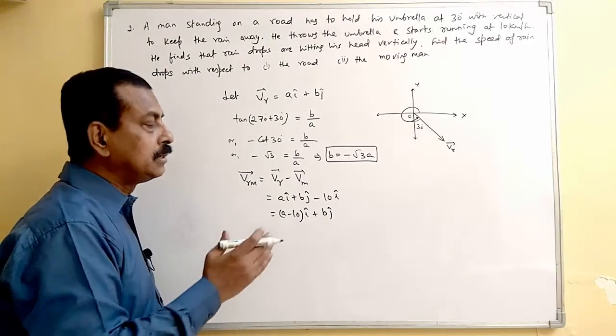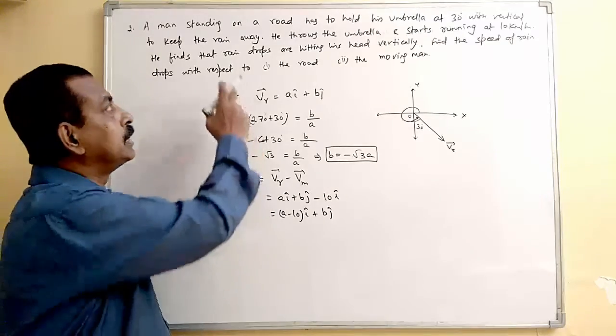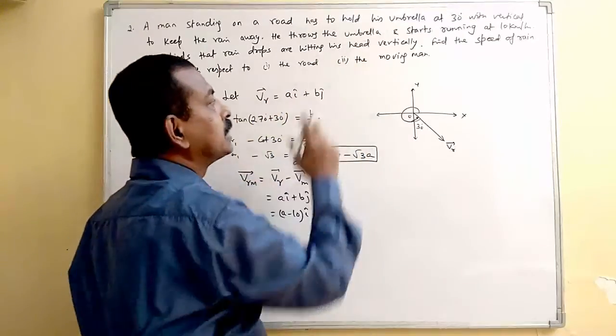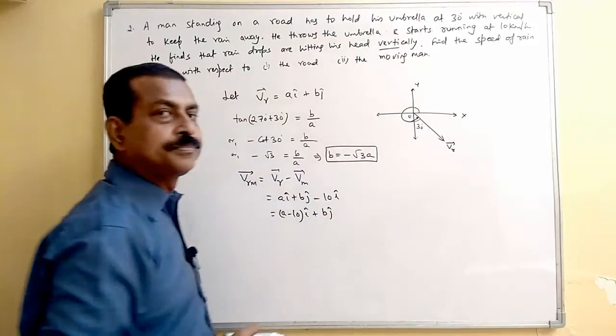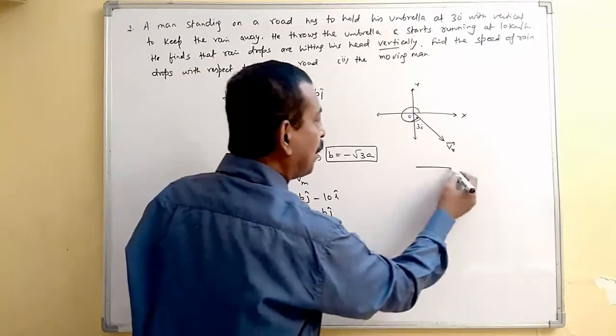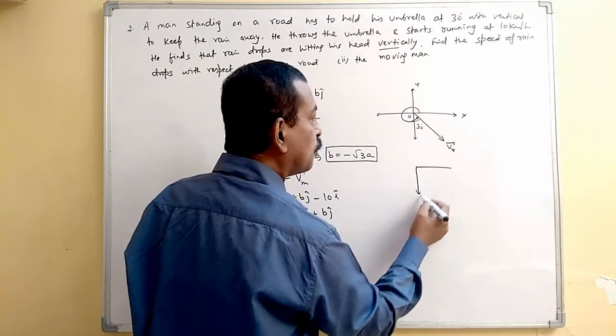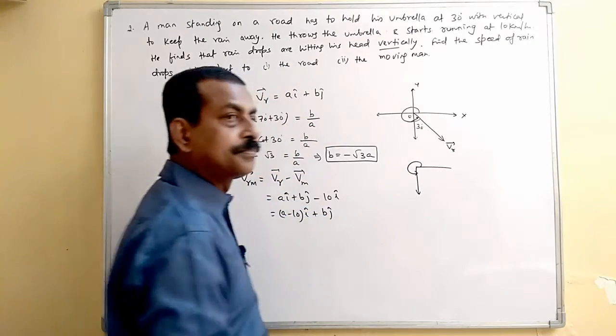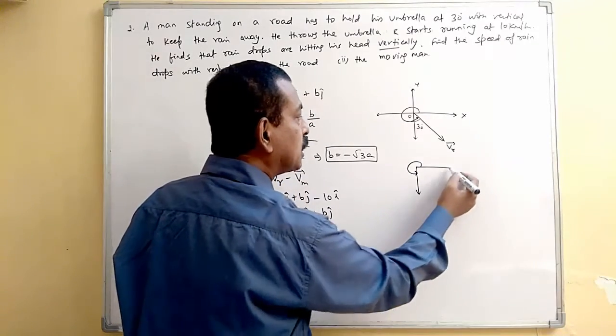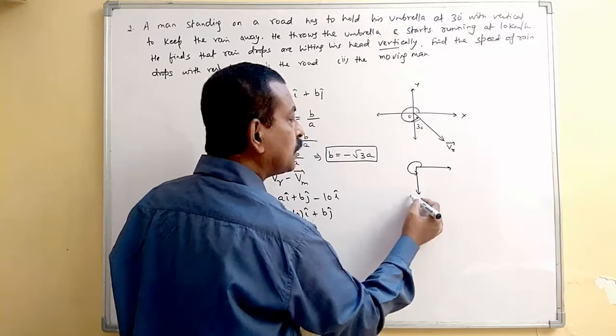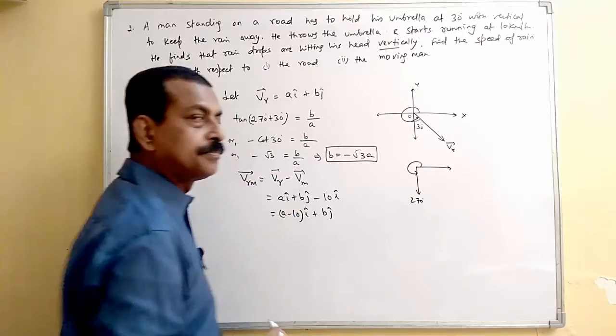Now it is given that to the running man, it appears that the raindrops are hitting his head vertically. That means to the man, it appears as if the rain is falling in this direction. So in that case, this particular angle will be equal to 270 degrees.